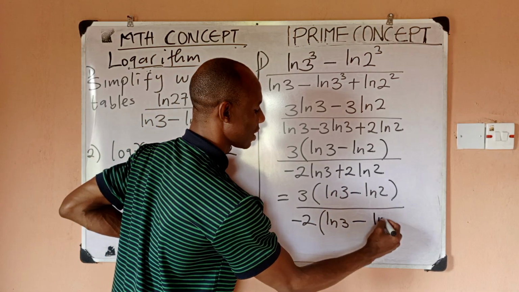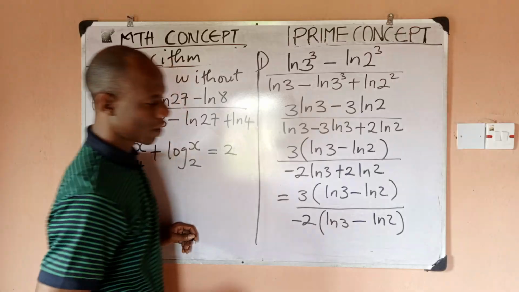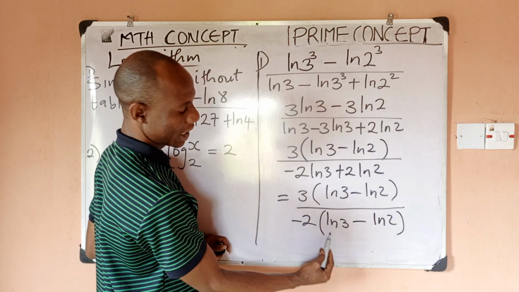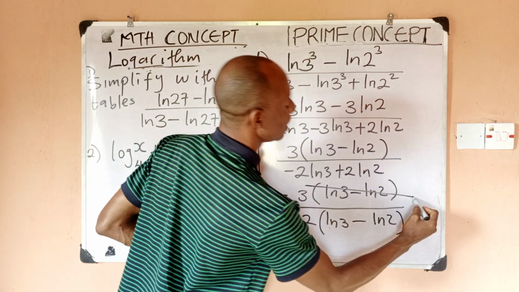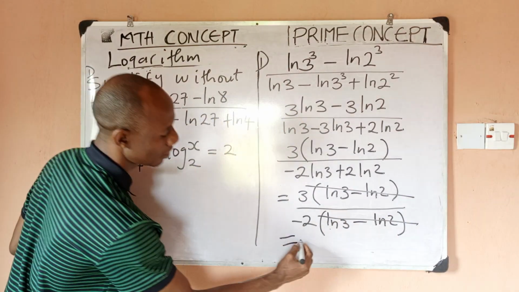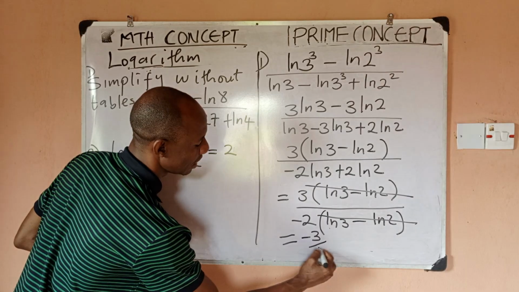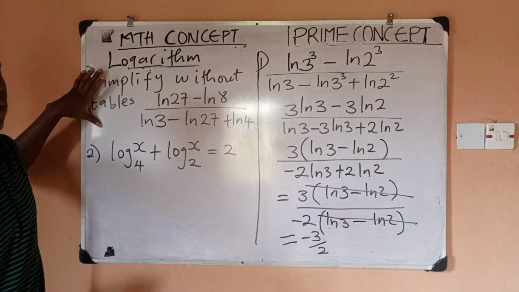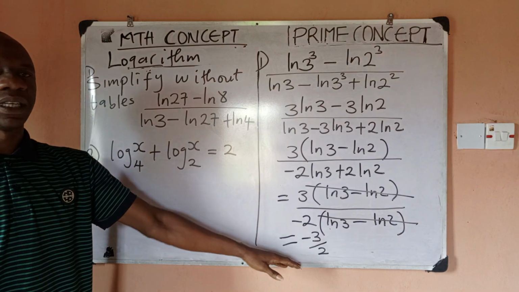So minus ln 2. So what can you clearly see? You can see that this is ln 3 minus ln 2 divided by ln 3 minus ln 2. So this being the same would cancel, and I'll be left with minus 3 over 2 as my answer. So the answer to this first question is minus 3 over 2.